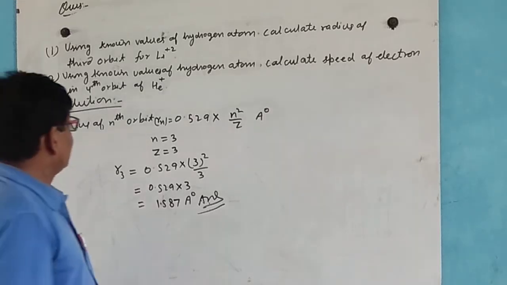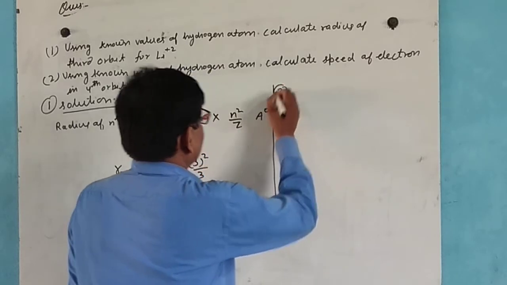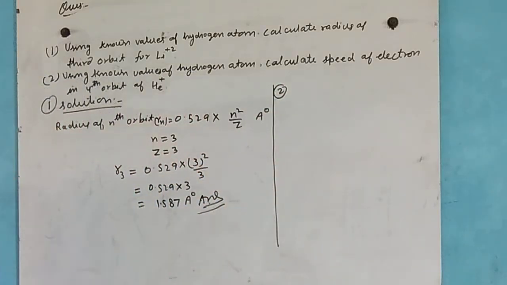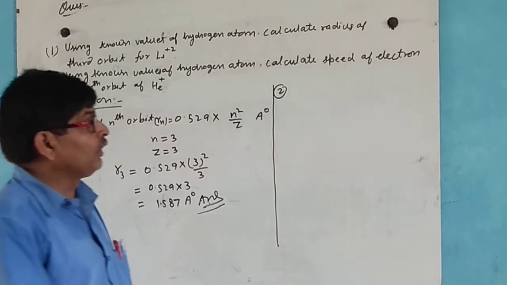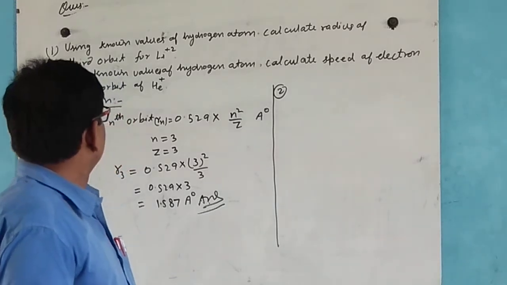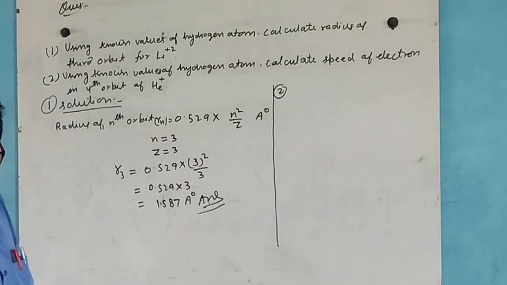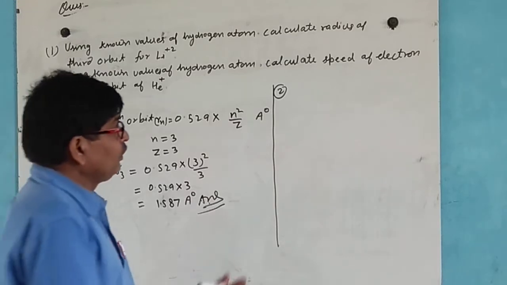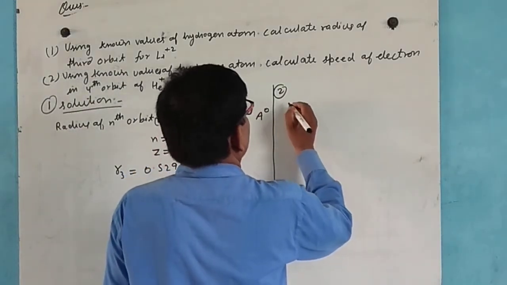Now second problem here. Second problem: using known value of hydrogen atom, calculate the speed of fourth orbit of helium atom. Now, velocity of electron, calculate speed of electron.